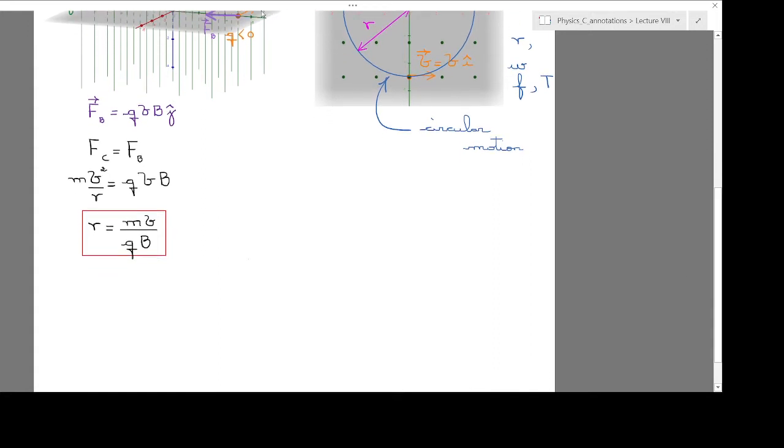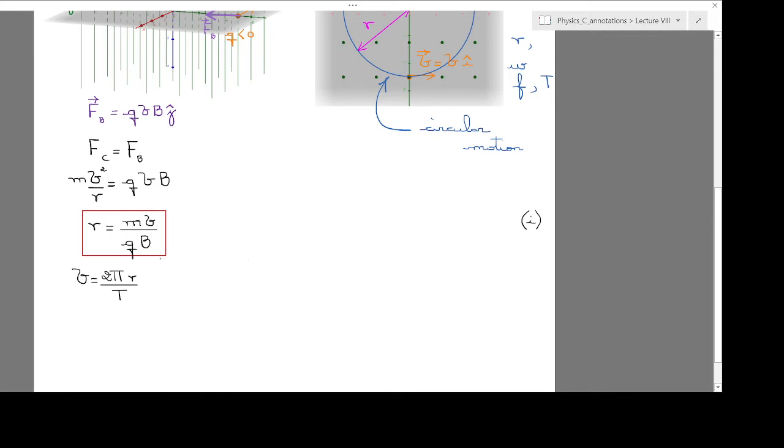So from here, we can calculate the velocity, because we know that the velocity in the circular motion is going to be 2 pi r over T. So the linear velocity is like this, divided by the period of the circular motion. We can substitute here all these guys that we have, right? We can grab this expression here that I just calculated. Let's call this 1.